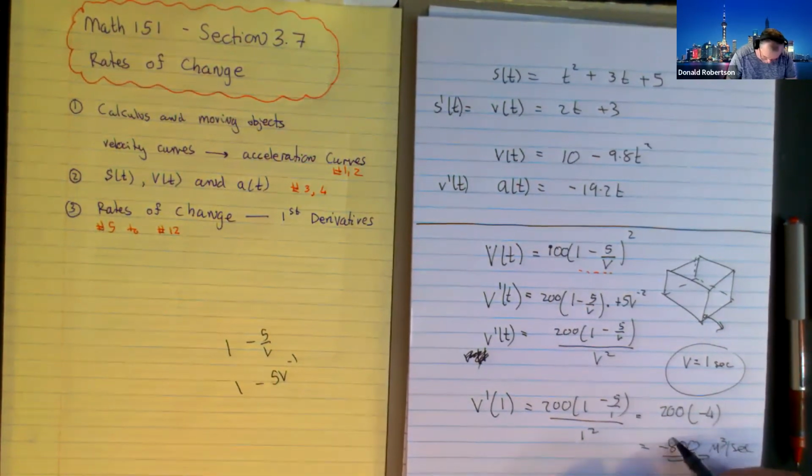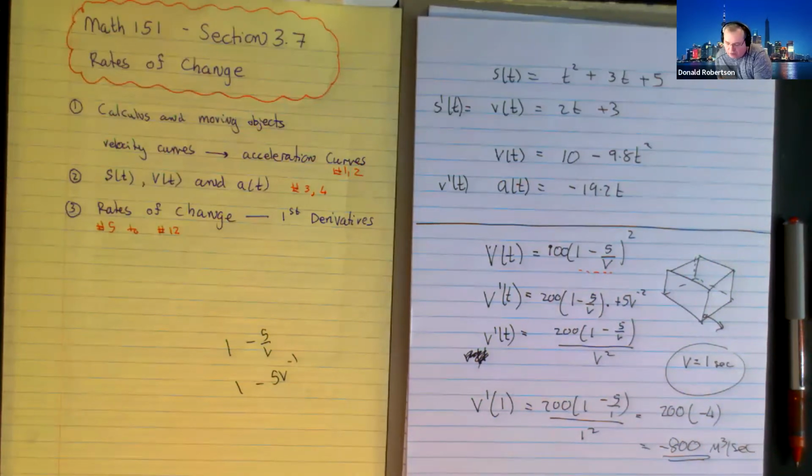Can you see that the water is going to be shooting out that tank at a really high amount? And it's negative because isn't the volume decreasing because there's a hole in it.